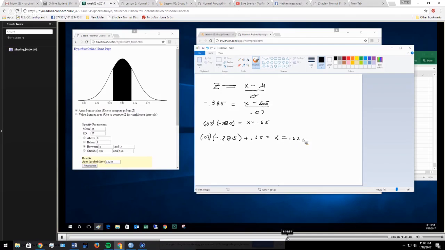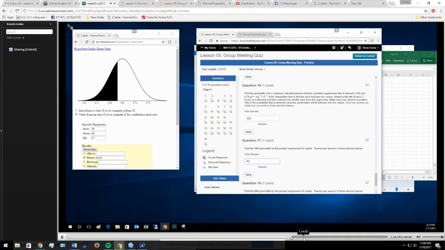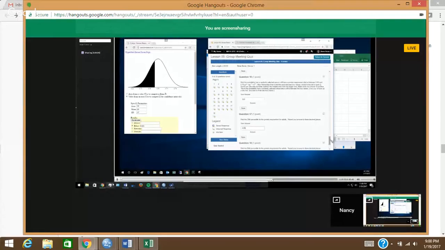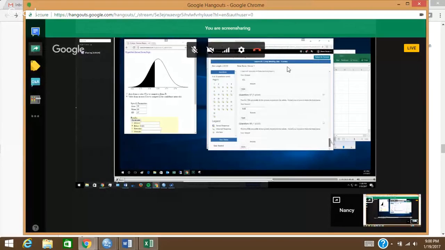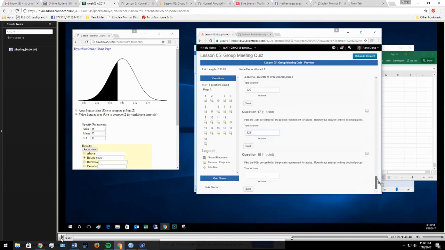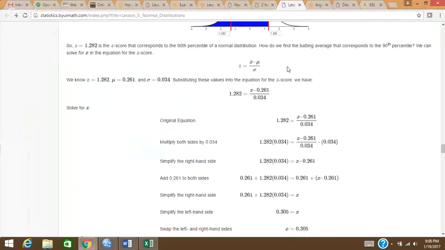If you're doing this, 0.676 is what I got. That's not rounding. 0.676?